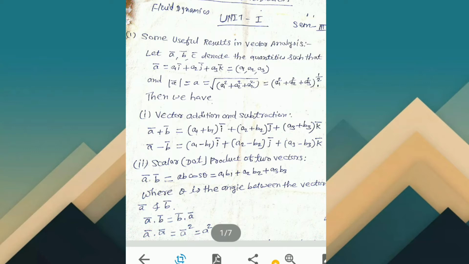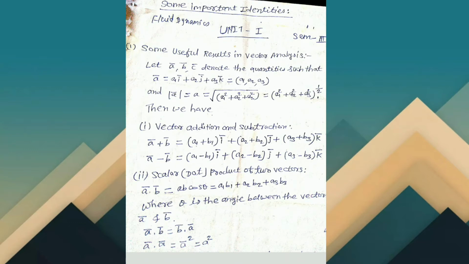Now we'll see the vector dot product of two vectors, or dot product, which is also the scalar product. Scalar product and dot product are the same. So A bar dot B bar is equal to AB cos theta, and that can be written as a1 b1 plus a2 b2 plus a3 b3.